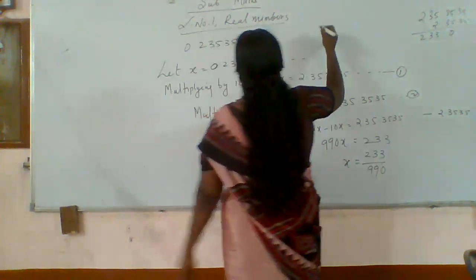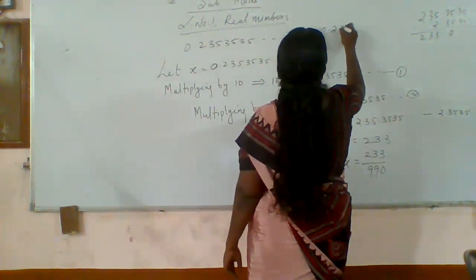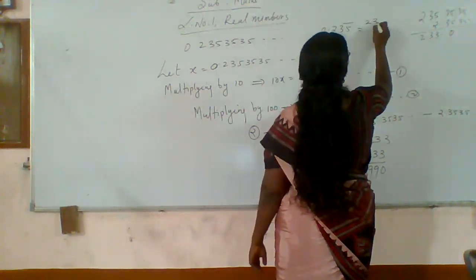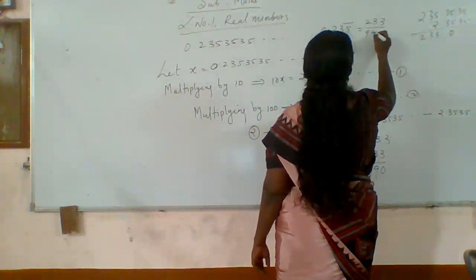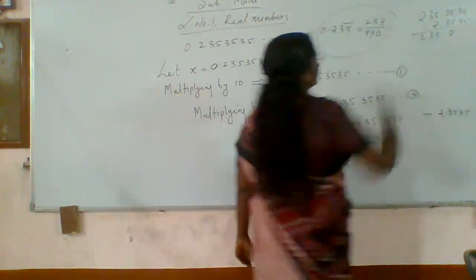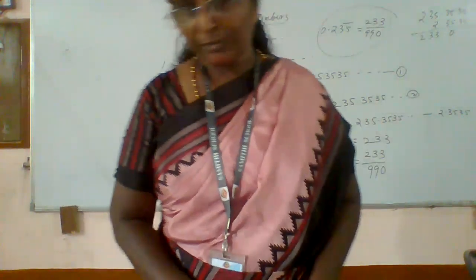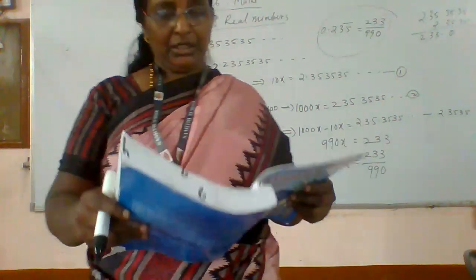Therefore, we can write: 0.235 bar is equal to 233 by 990. Clear? Okay. This type of sums are very important, so practice them properly. Now we can come to the next question. Next question, listen.